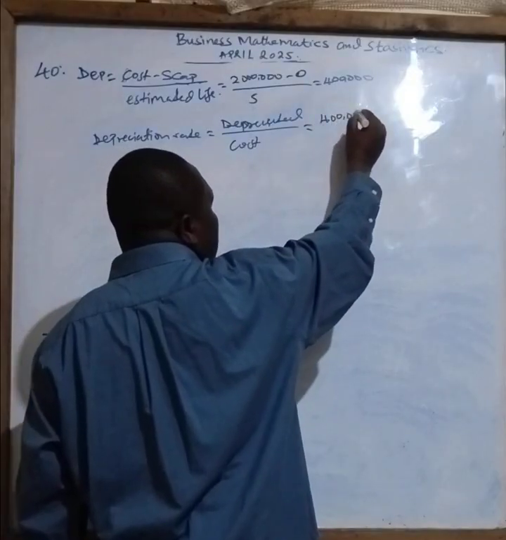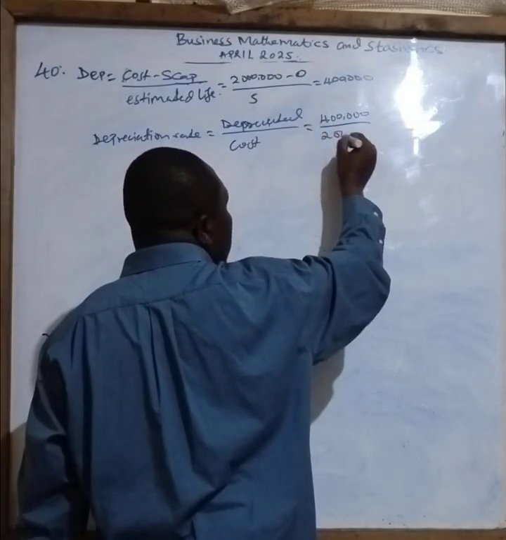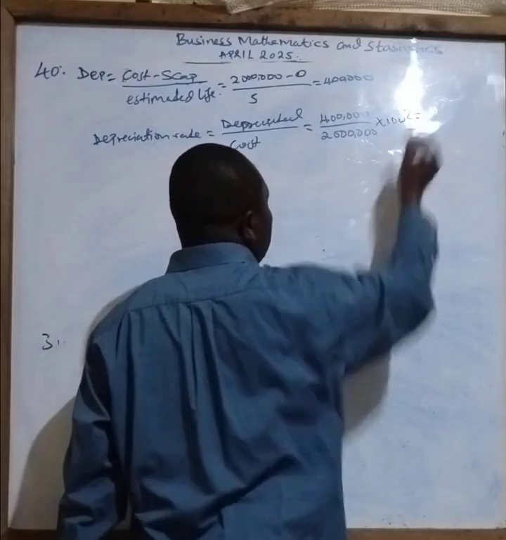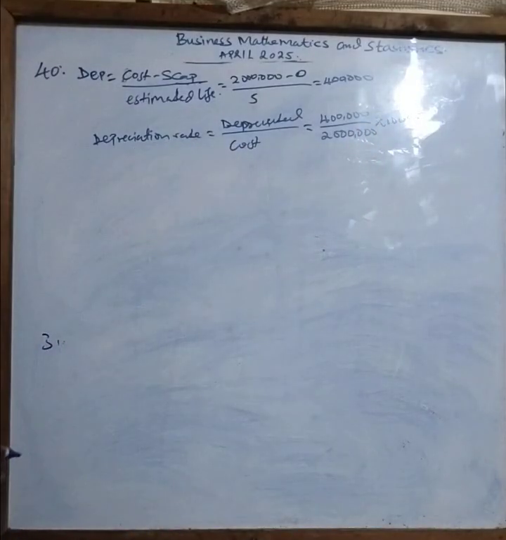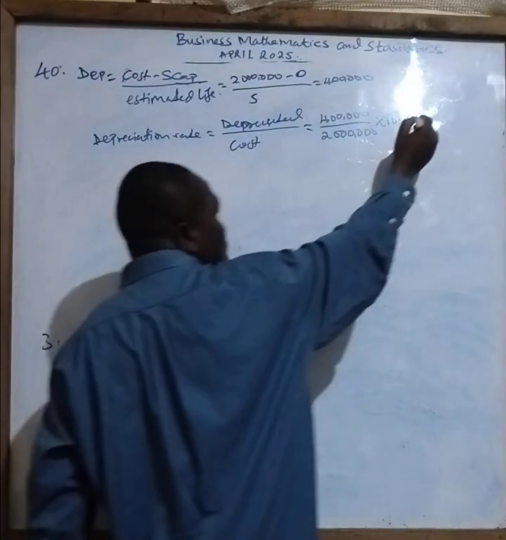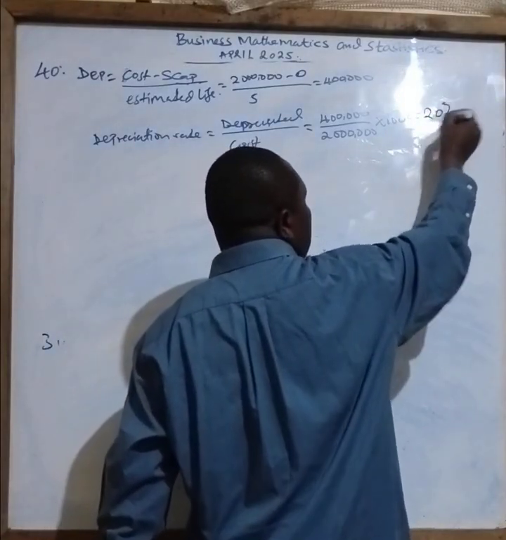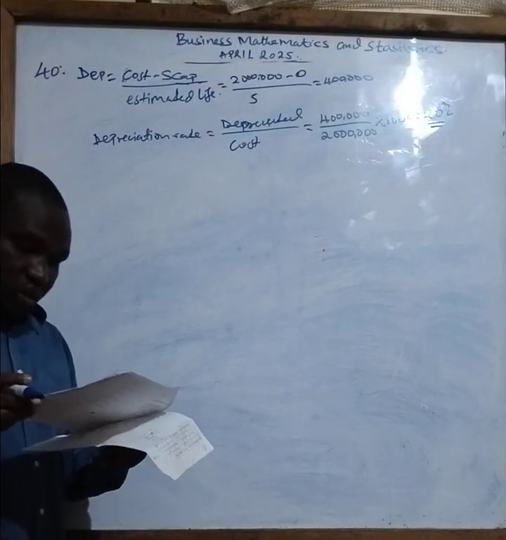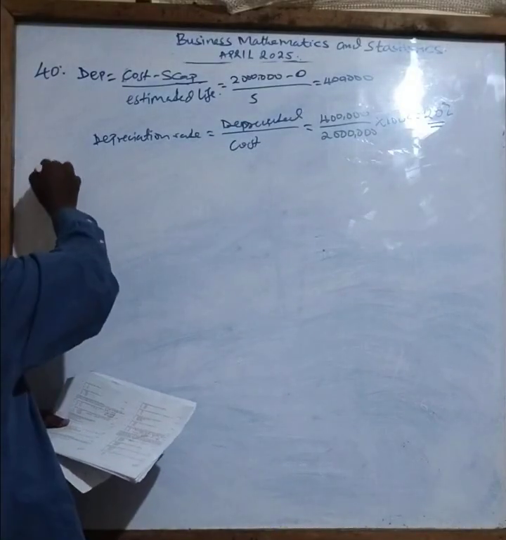So you take your 400,000, divide by 2 million, then you multiply by 100 percent. If you work out this question correctly, your answer you get is 20%. So that is how you are supposed to calculate that particular question. Question 41.